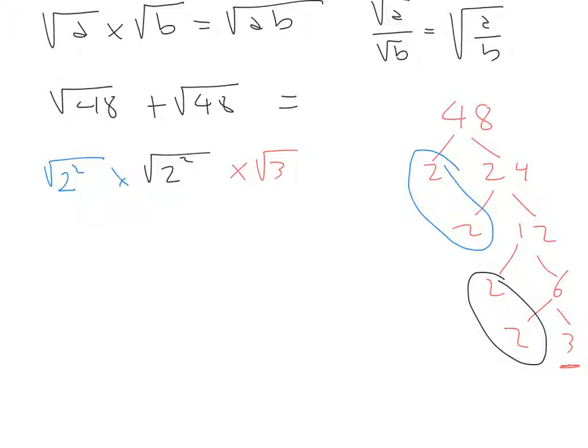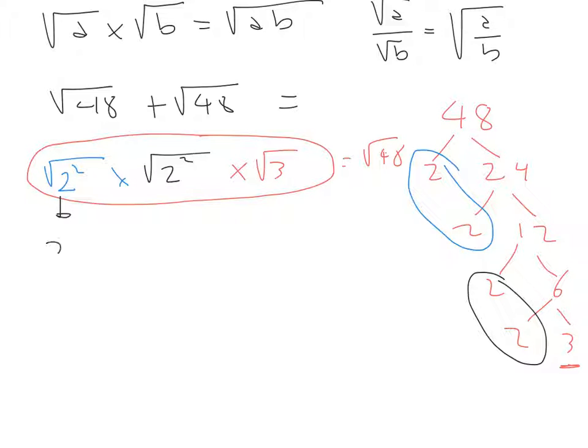So this is exactly like writing square root of 48. It's the same thing, just written in a different way. So we know the square root of 2 squared is 2, so 2 times 2 times square root of 3. So 2 times 2 is 4 square root of 3.